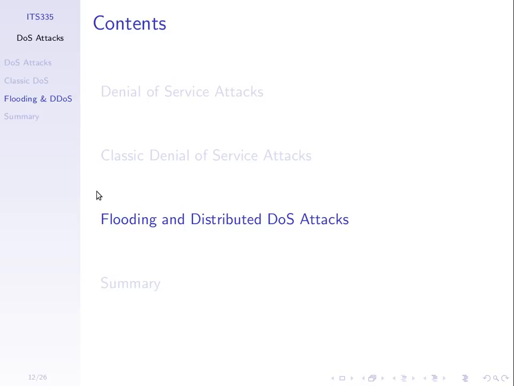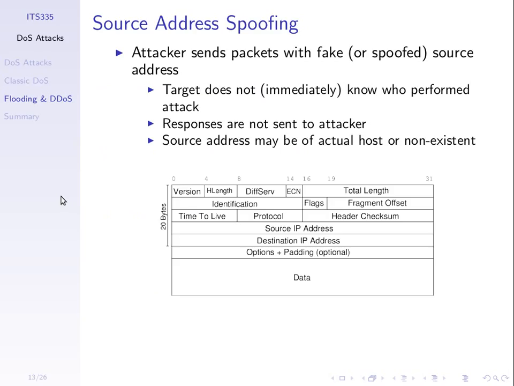Let's look at a few extensions of that ping flooding attack. So we've already said source address spoofing is setting a fake source address. This is the IP header that we saw before. When the attacker sends packets, they use a fake source address in those packets.